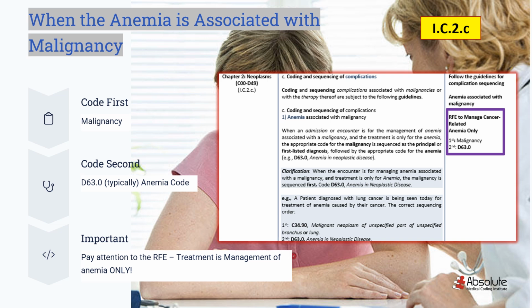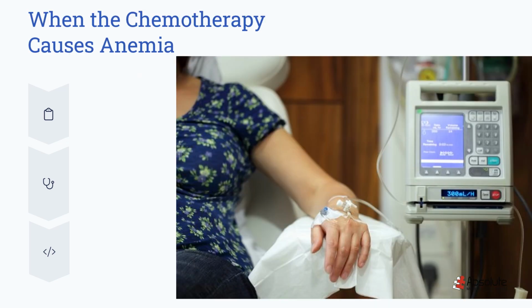Okay, we've got another guideline, and some people kind of confuse them. So let's take a look. When the chemo causes the anemia, very important, it's different than when the cancer or the malignancy causes the anemia. So make sure you pay attention and grab the correct code.